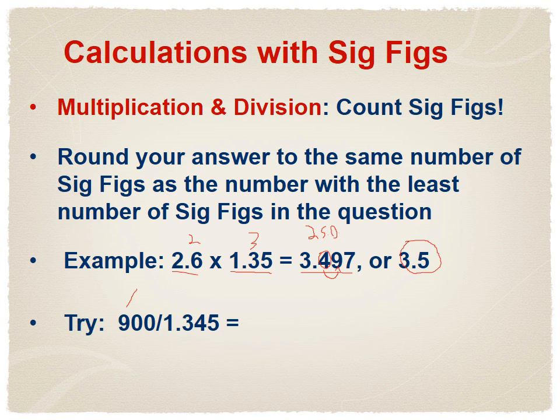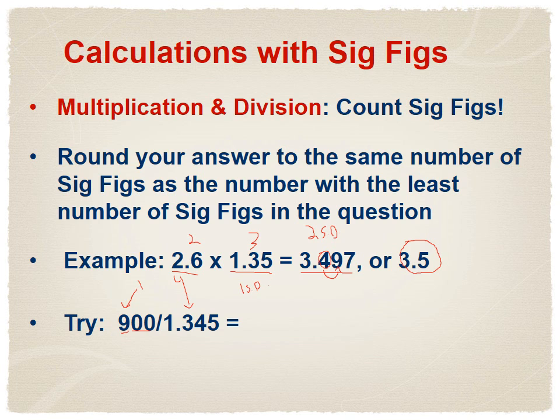Here we have 900 divided by 1.345. We have trailing zeros and 1 non-zero digit, so this is 1 significant digit here. And here we have 4 significant digits. So our final answer is going to be 1 significant digit.